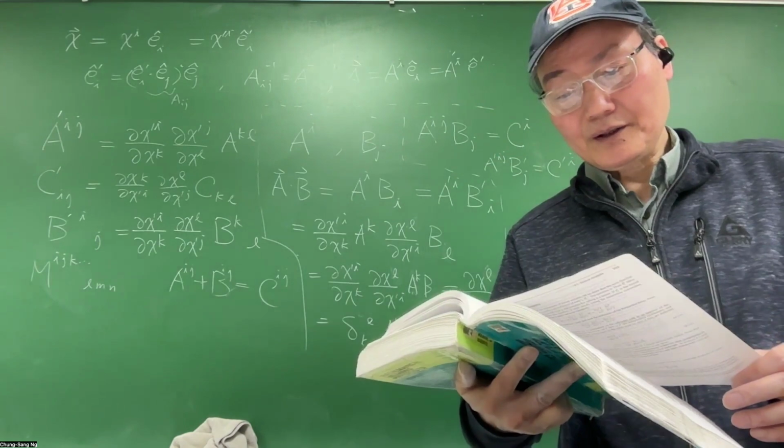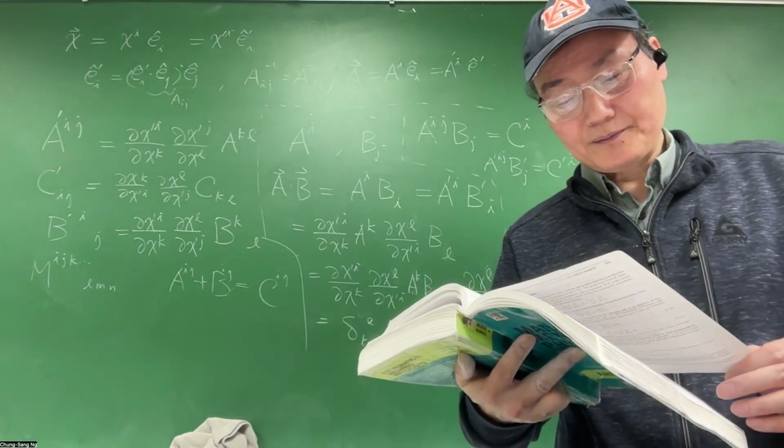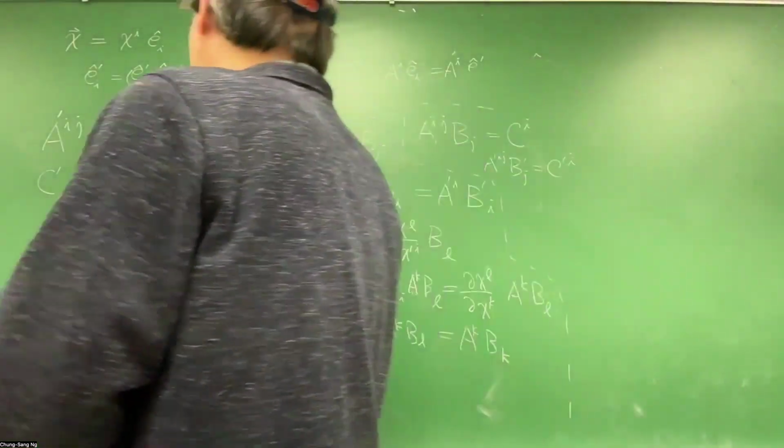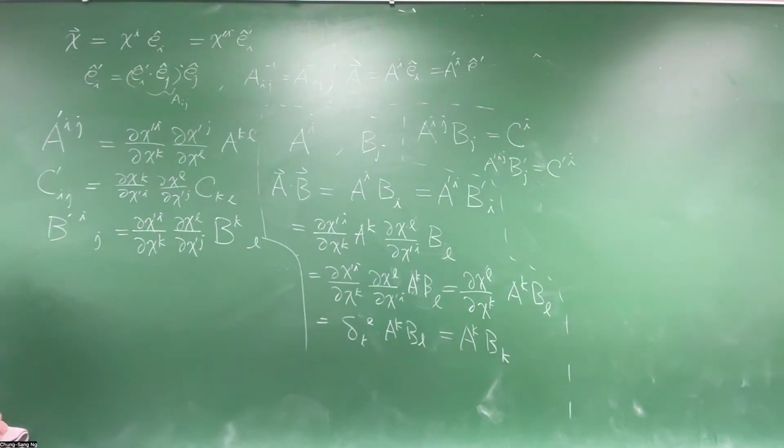A different kind of product is the direct product. Basically, it's just multiplying tensors with different indices.